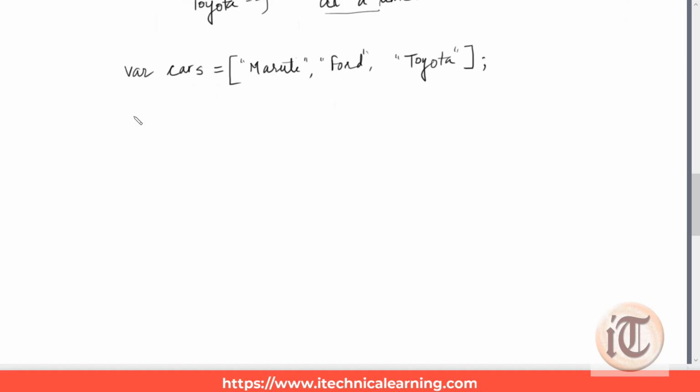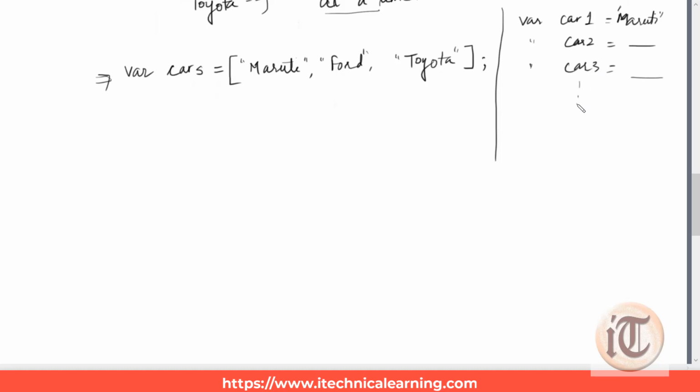So what is the basic advantage of it? Suppose we do not use the concept of arrays, then I'll have to use multiple variables to declare it, something like var car1 equals Maruti, similarly var car2 equals the second car name, var car3 equals something.